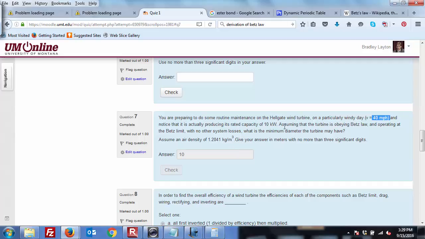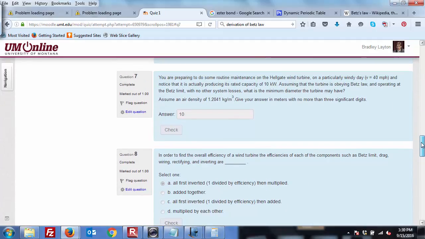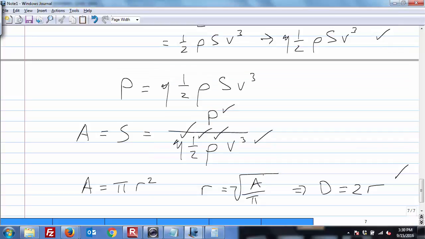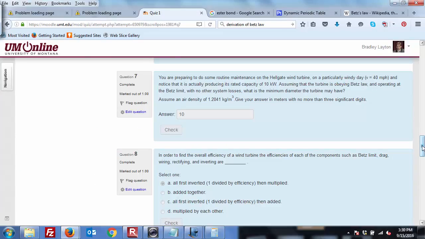The kilowatts, this is not in horsepower. And this is not in slugs per cubic inch. So, there you go. Okay. So hopefully that helps you get through that problem. I know it will.